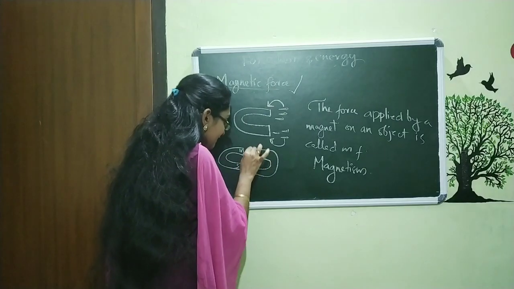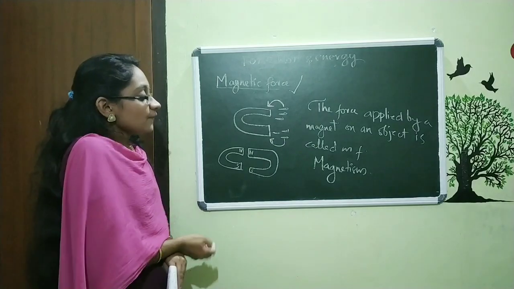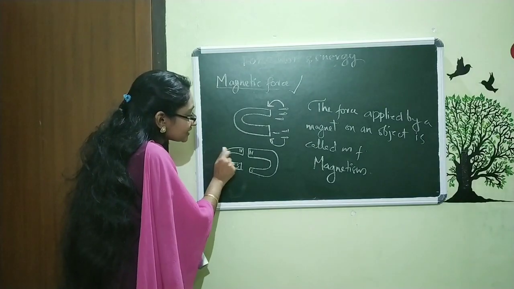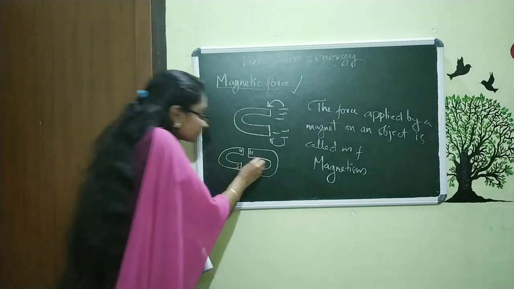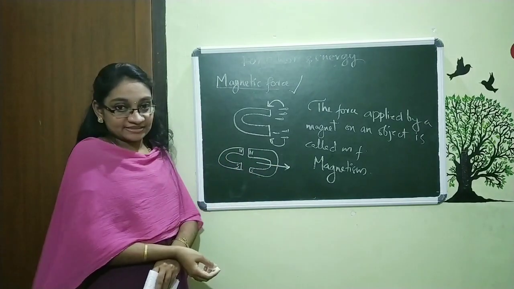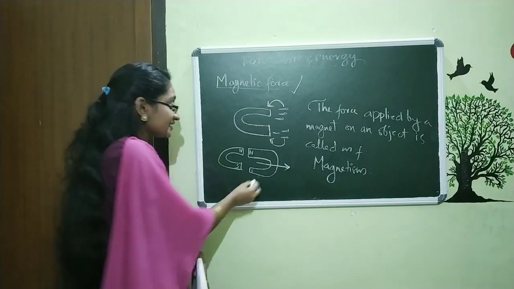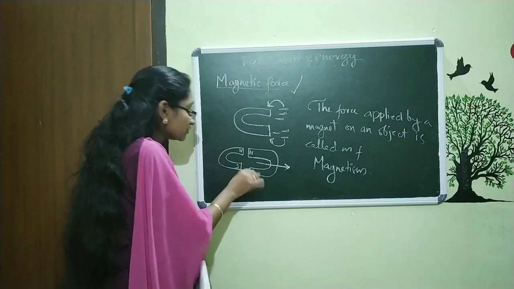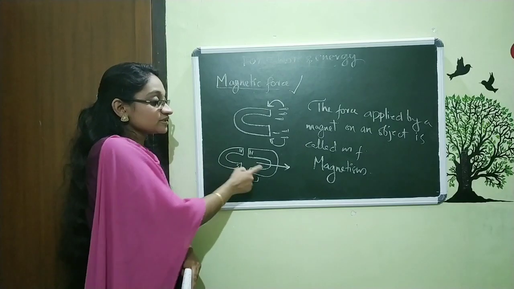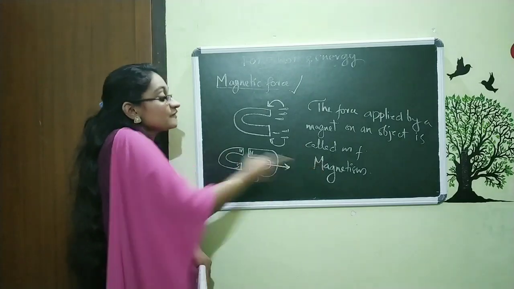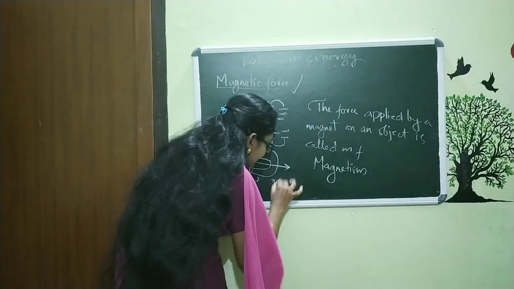When I move this magnet towards the other magnet, you can see that it moves in this direction. So it is not attraction. If it were attraction, this magnet would move towards the other magnet. But it is moving away from this magnet, so I can call this repulsion.